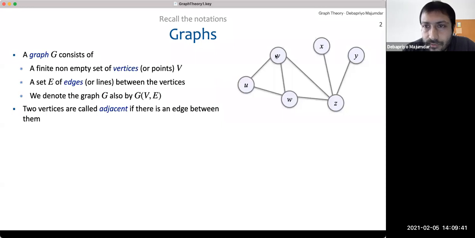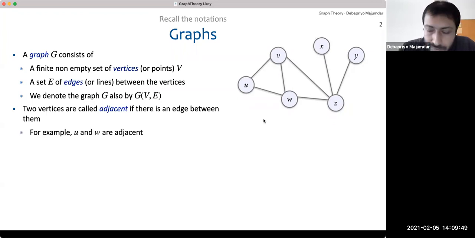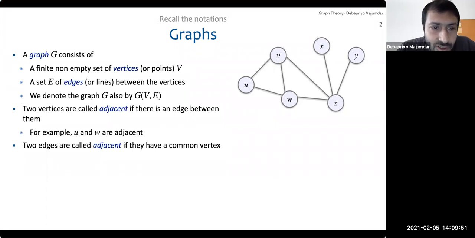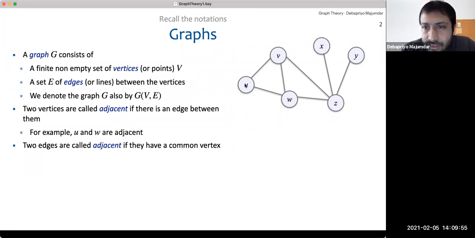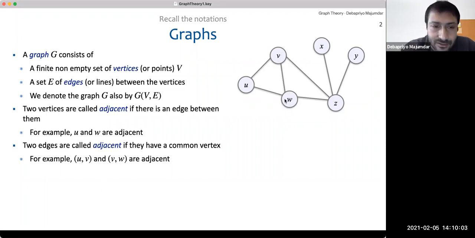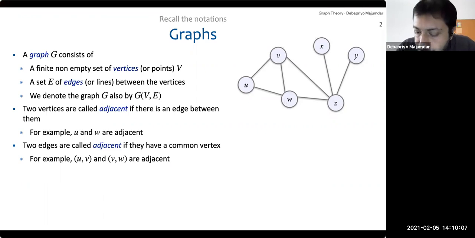Here U and V are adjacent, but V and X are not adjacent. Similarly, two edges are called adjacent if they have a common vertex. So the edges UW and VW are adjacent because both of them are incident on vertex W.